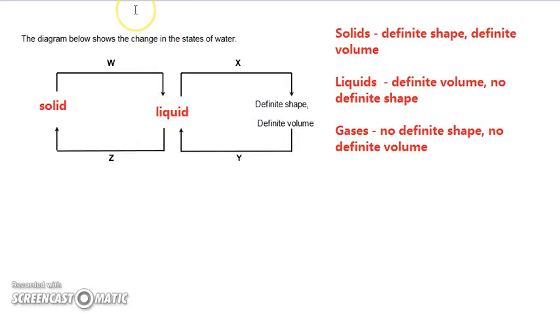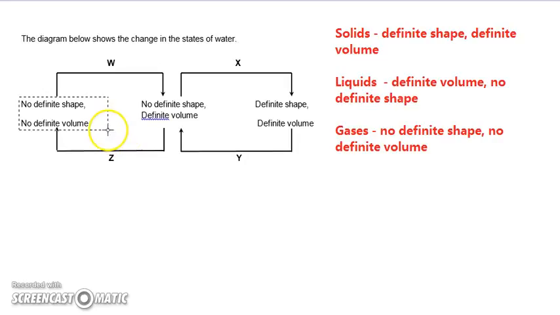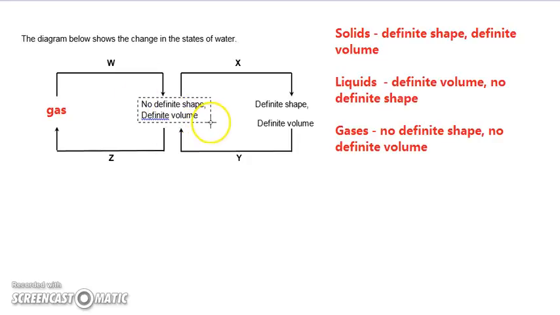Oh, sorry, my bad. I got it the other way around. No definite shape, no definite volume is gas. Oops, it's gas. It's very hard to write and type at the same time. Then we have no definite shape but definite volume.